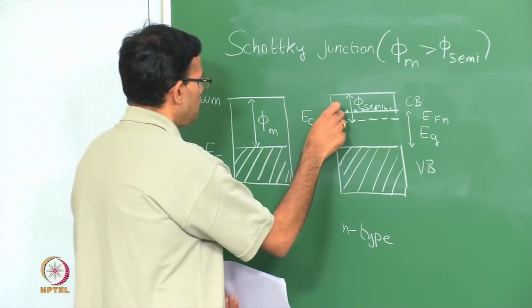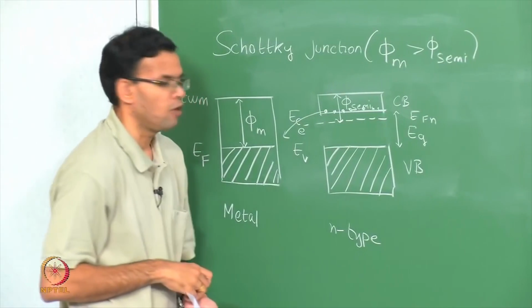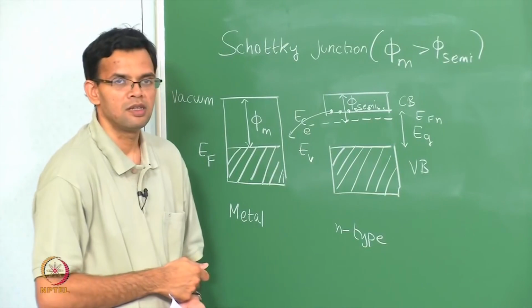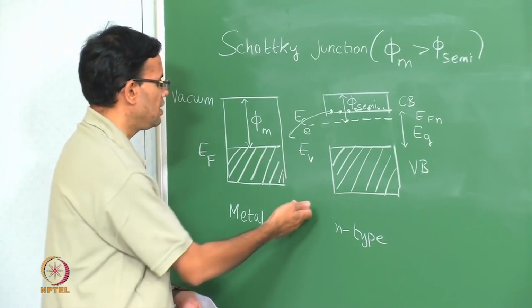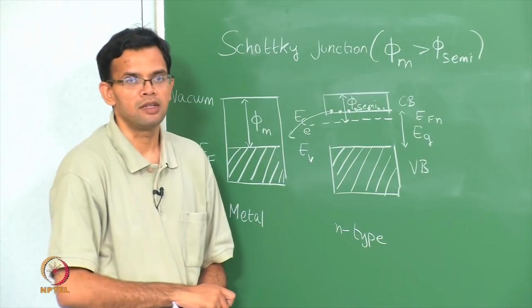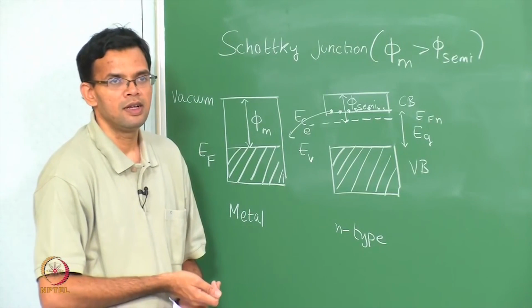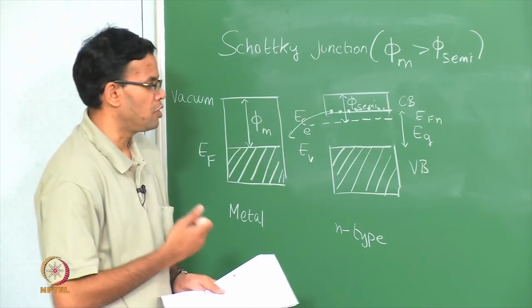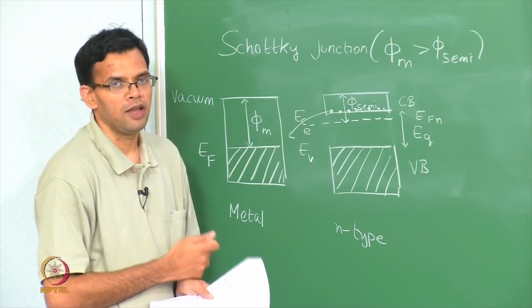So, when a junction is formed, electrons can move from the semiconductor to the metal, and when this happens, there is a net positive charge on the semiconductor and a net negative charge in the metal. Once again we will have an electric field and a contact potential, and this contact potential will oppose any further motion of electrons.